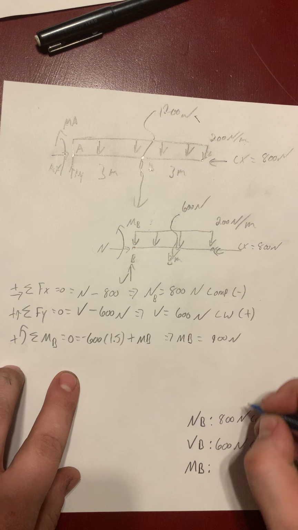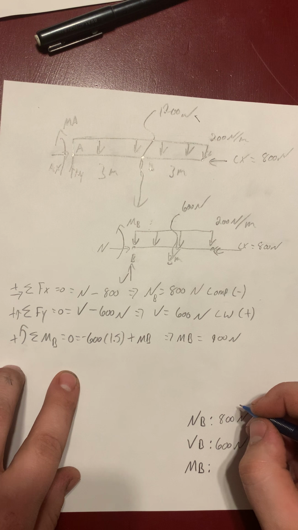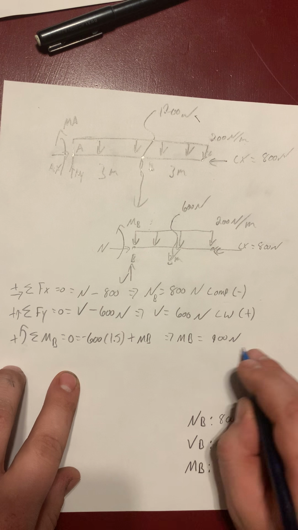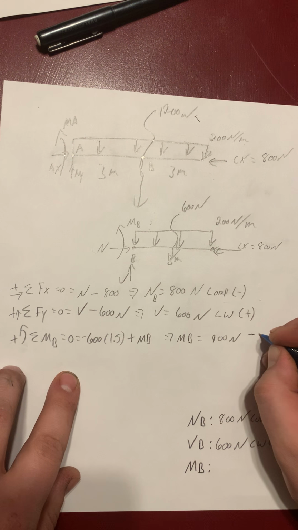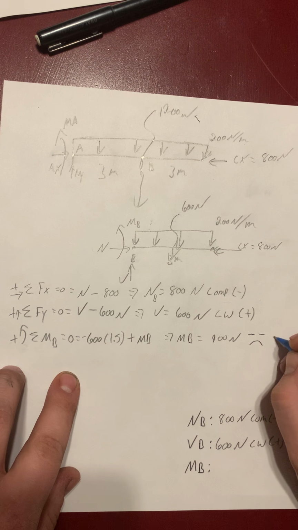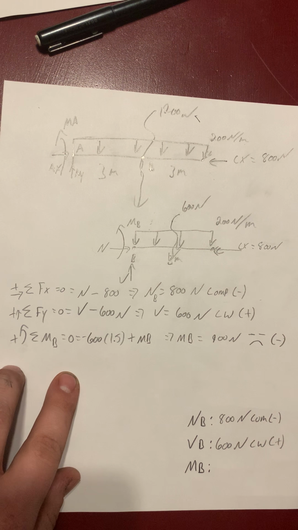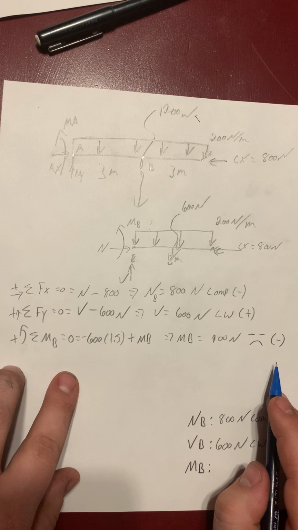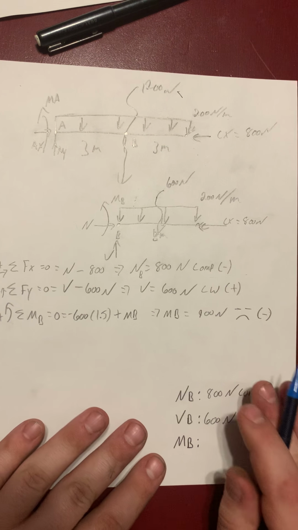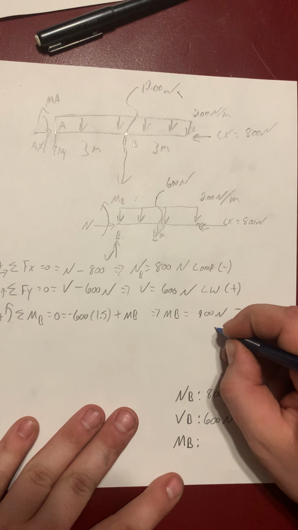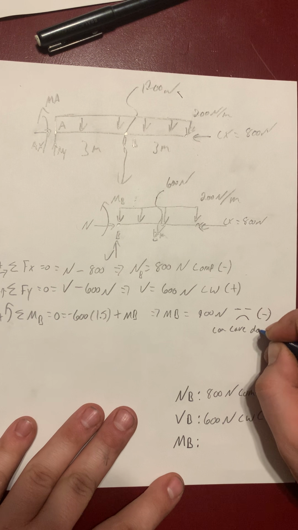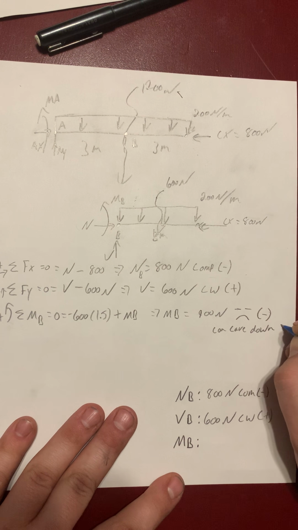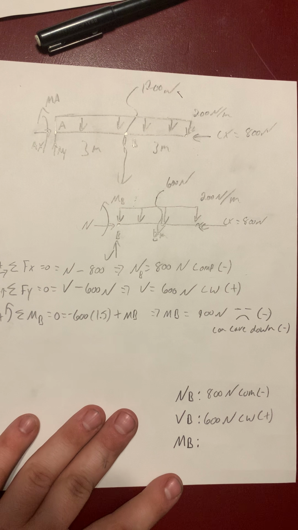900 newtons, okay? And how do we say sign convention for this? I always just say, hey, it's our frowny face, and I put a negative, right? Or I can say concave down negative, okay?